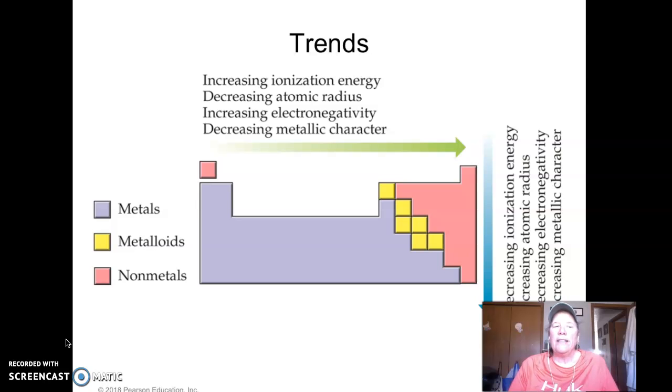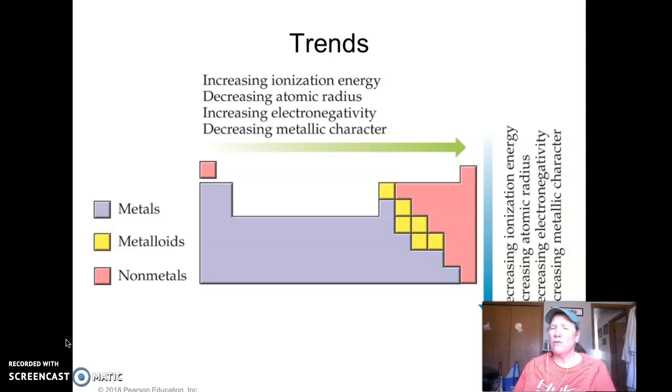Remember, the only nonmetal that hangs out with the metals is hydrogen. But you can see we have increasing ionization energy, the energy required to form ions, decreasing atomic radius, increasing electronegativity. All of these things we talked about before, and they're listed in your book. Decreasing metallic character. So the first column is the most metallic, and then so on and so forth.